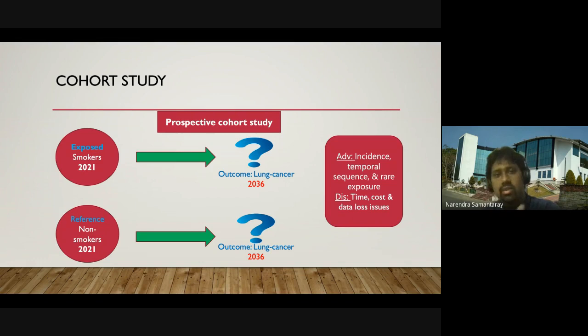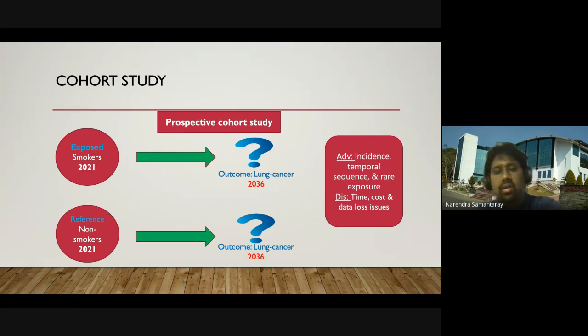We see the outcome in the future. And this can also be done for rare exposures. Say, for example, certain kinds of exposures are very rarely found in the population. Prospective studies are always good for that, but this is not good for rare diseases.